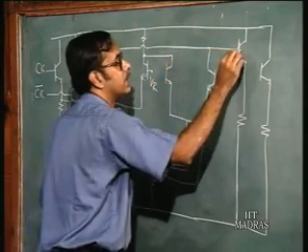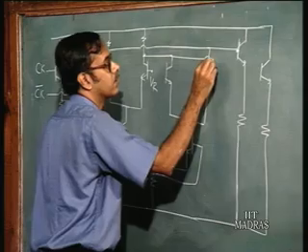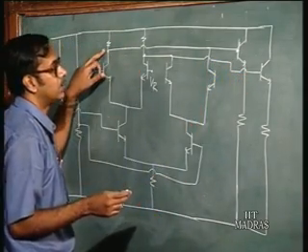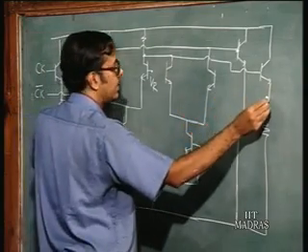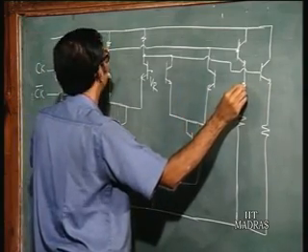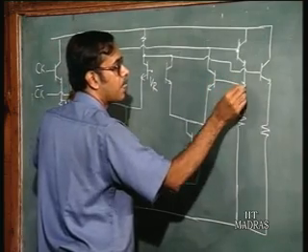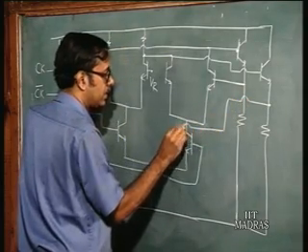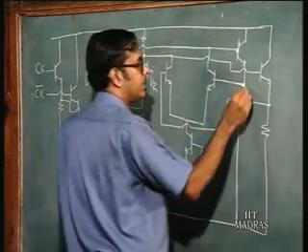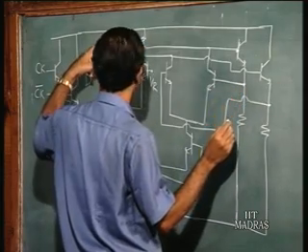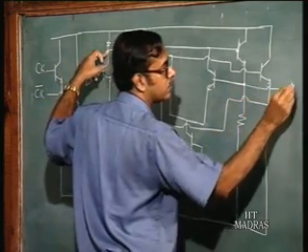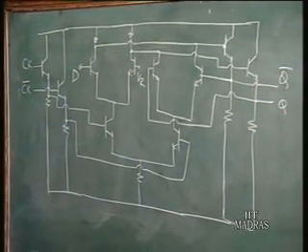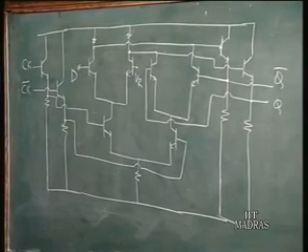So, one goes to the base here, the other output goes to the base here, okay, and to the left. So, this one should come here and this one should come to the base of this transistor, okay, and this is going to be Q bar, this is going to be Q, okay, I think. So, this is the circuit of a D flip flop, okay.